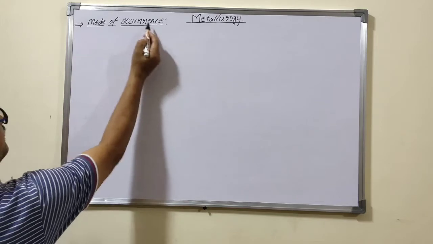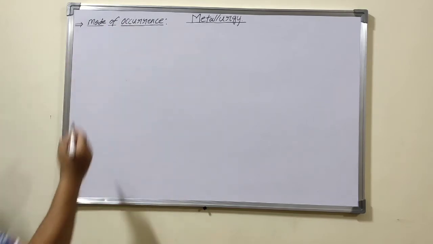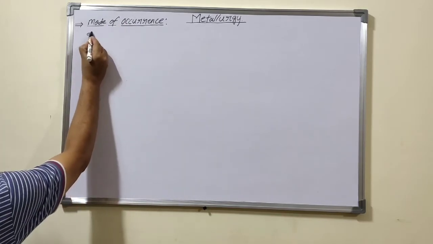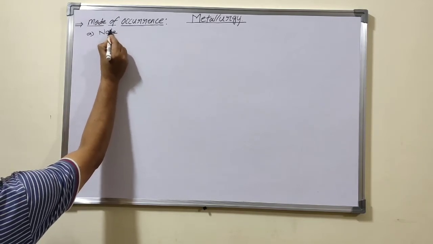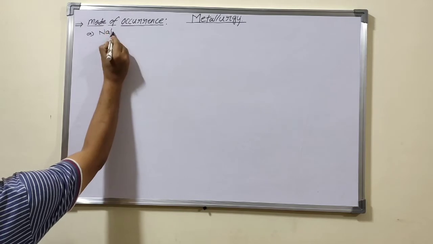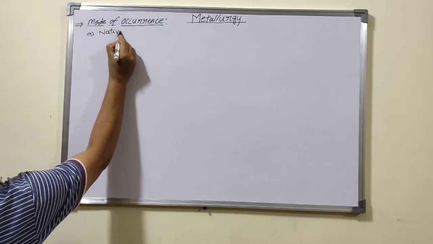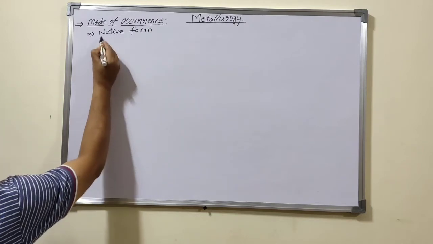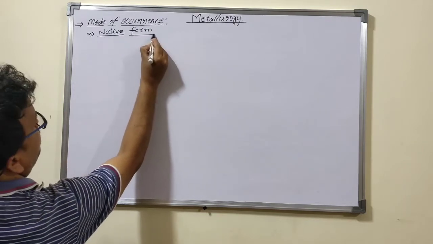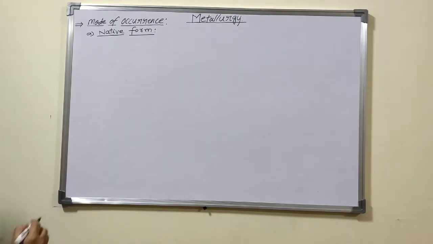Mode of occurrence. Elements occur in two modes, native form and combined form. What is meant by native form?